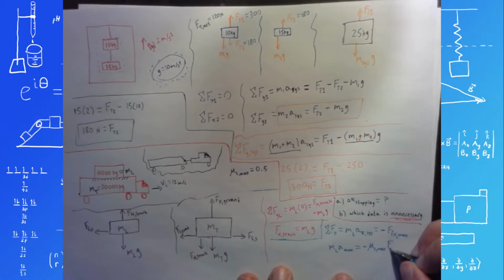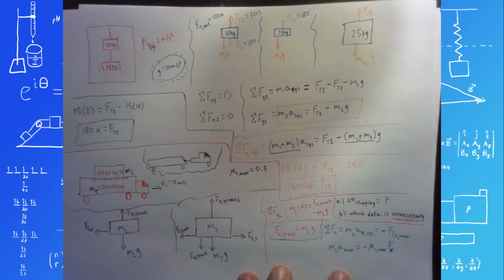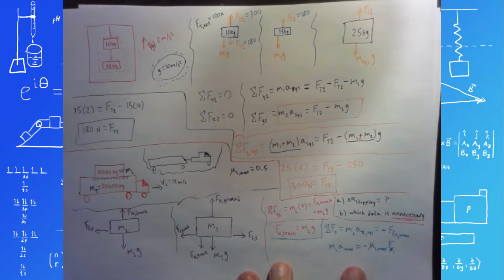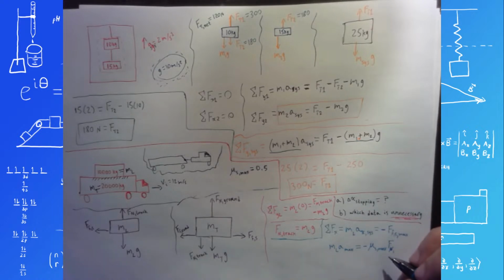In this case, it's the friction between the load and the truck, so we would use the normal force between the load and the truck. The normal force between the ground and the truck is, well, between the ground and the truck. It should have nothing to do with the load. So that's how you know, in situations with multiple normal forces, which one to use when calculating your friction.